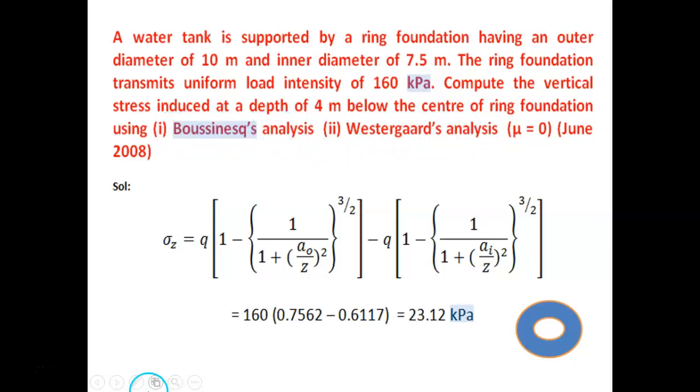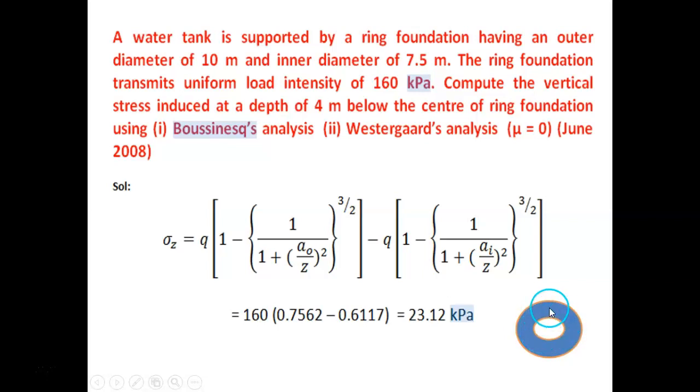So here the foundation is a ring foundation with outer diameter 10 meter and inner diameter 7.5 meter. The load is acting only on this ring. In between there is no load. For this inner circular area, there is no load acting on it.